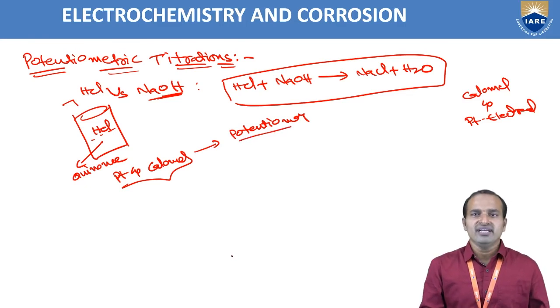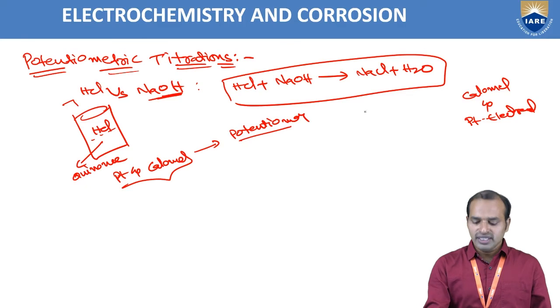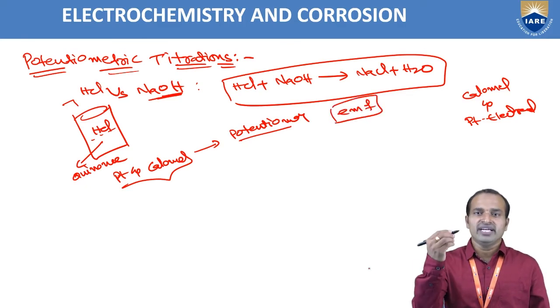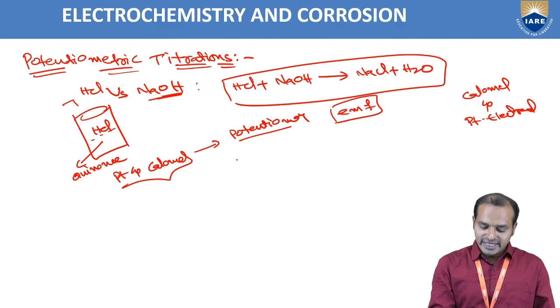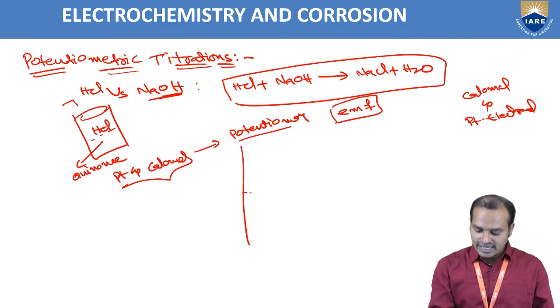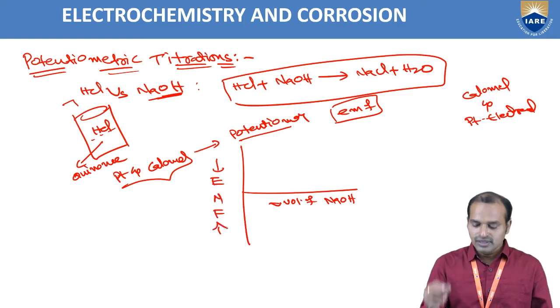Now we add 1 ml of NaOH solution and observe the EMF value. Like that, we add 1 ml, 2 ml, 3 ml, etc., up to 20 ml. Now observe the EMF values and take the graph. On the x-axis you take the volume of NaOH, and on the y-axis the EMF. At 0 note down the reading, at 2 note down the reading.